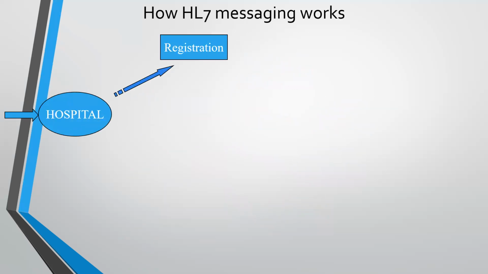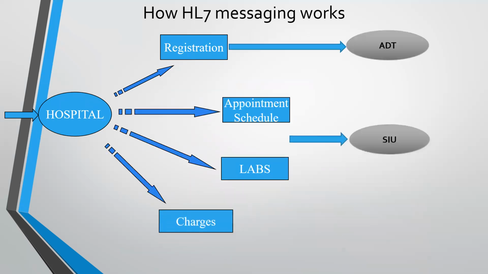In terms of HL7, registration, scheduling, labs, and charges. Registration is represented with a three-letter acronym, ADT, and this ADT is called a message code. ADT stands for admit, discharge, and transfer.